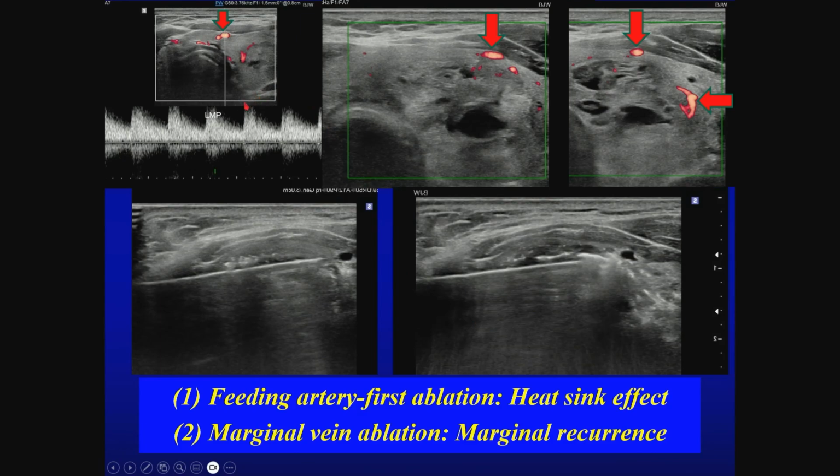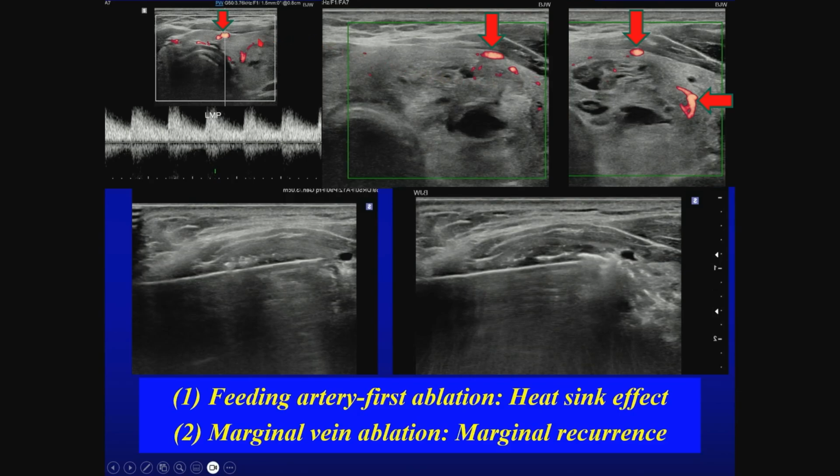This image shows the feeding artery at the ischemic area. The feeding artery is usually located at the ischemic area, and that is why we try the trans-ischemic approach method. And at the margin of the thyroid nodule, there are multifocal marginal veins.